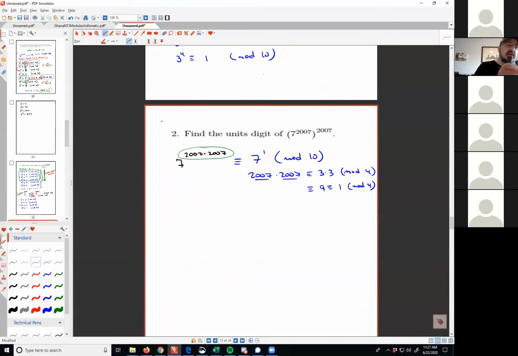That's why I did 2007 times 2007 modulo 4 right here, which reduces to just 1 modulo 4. So that exponent is going to be the same in the pattern of units digits. 7 to that power is going to be the same as 7 to the first. We can just replace that gigantic exponent with 1.